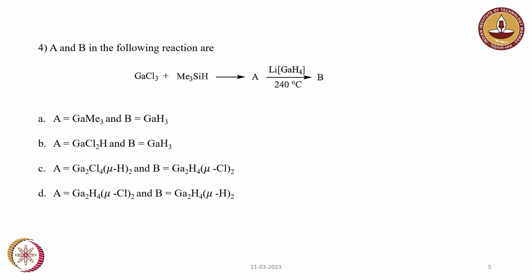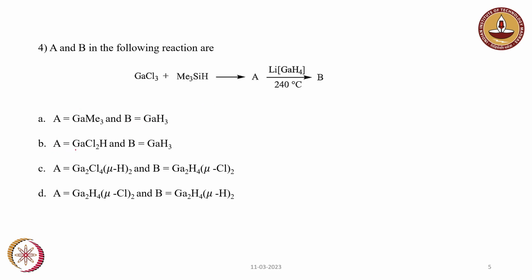Next question: A and B in the following reaction are. Gallium trichloride reacting with Me3SiH giving compound A, and it reacts with LiGaH4 at 240 degrees Celsius giving compound B. Option A is A equal to gallium trimethane, B is gallium hydride.